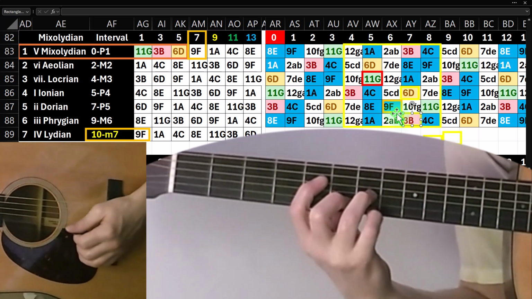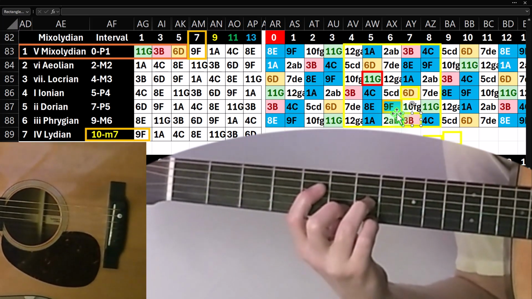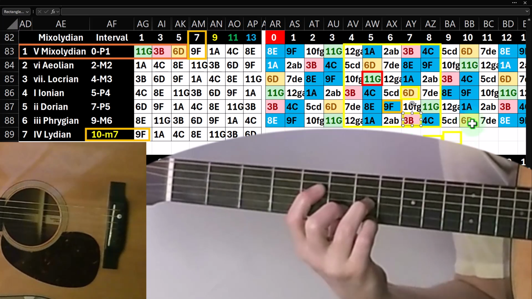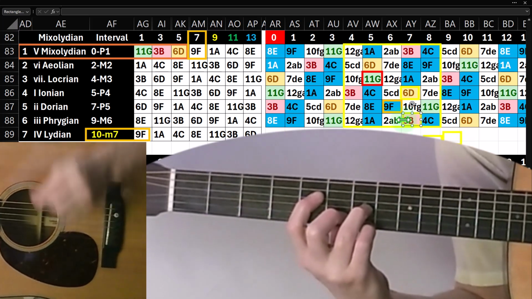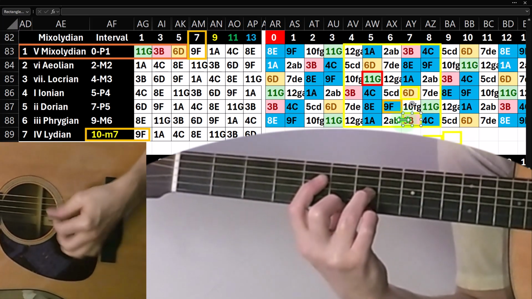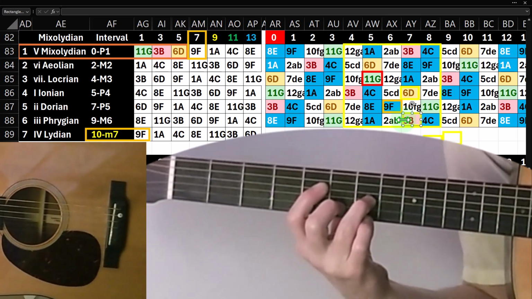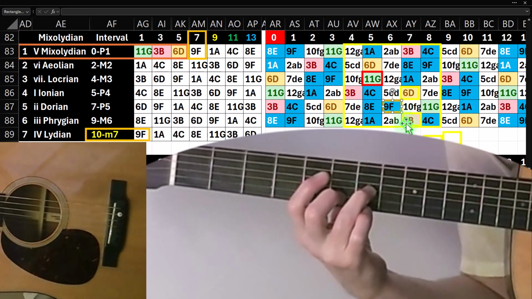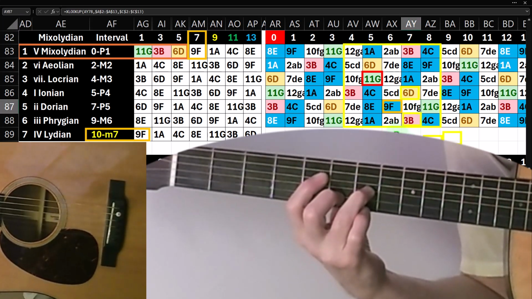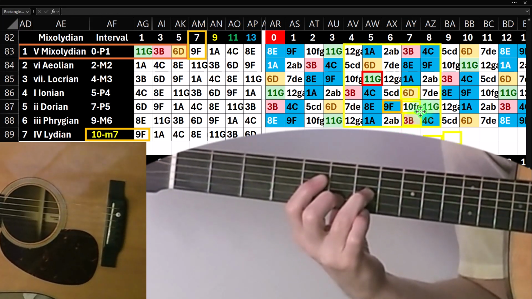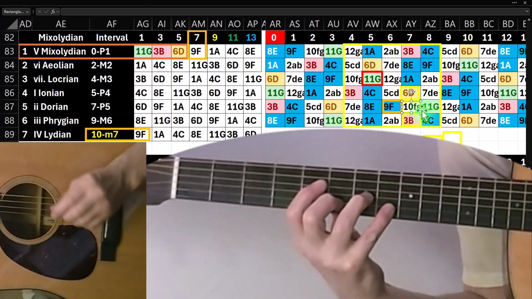And then again, of course, here's the third. You can kind of mess around with the third, the minor third and the major third. But you can also maybe mess around with this 7. There's the minor 7 to the major 7, and then here's the G again.